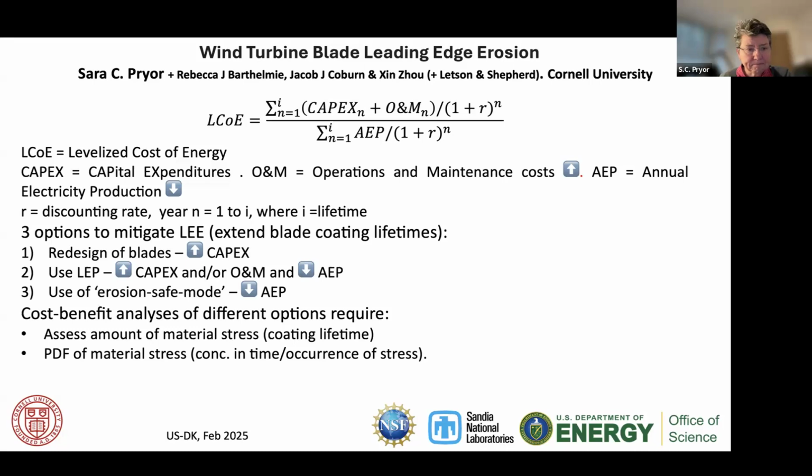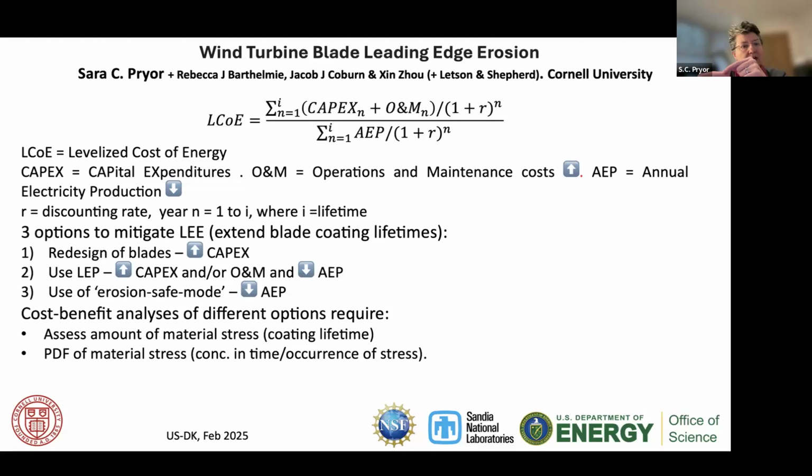Third option is using what we call erosion safe mode. So this is an idea where you say, if I know that the next few minutes are going to be linked to highly erosive conditions, then I simply slow the rotational speed of my blades or stop my turbine altogether.